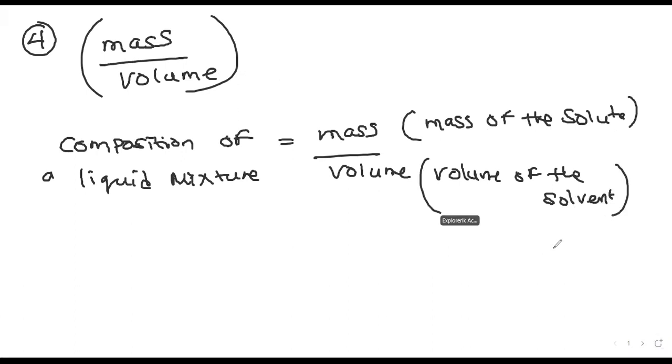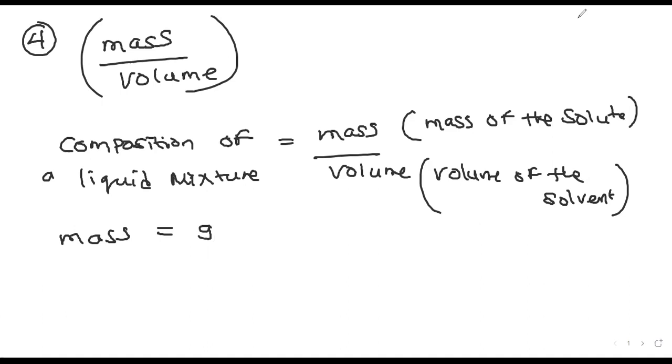So this is how we indicate the composition of a liquid mixture in terms of mass over volume. In mass we indicate the mass of solutes, and as a volume we indicate the volume of the solvent. Now you all know the SI unit of mass, the standard international unit to measure mass, is kilograms, but in chemistry we use grams to measure the mass of chemicals.